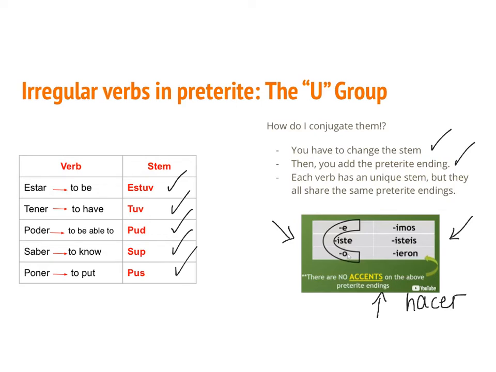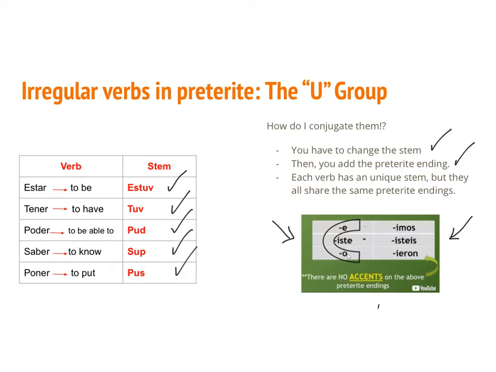Because when you conjugate hacer in preterite, you say yo hice, tú hiciste, él hizo, nosotros hicimos, vosotros hicisteis, ellos hicieron. So these endings are related to the conjugations of the verb hacer in preterite. That's one connection you can make. But if not, you'll just have to memorize them, guys.